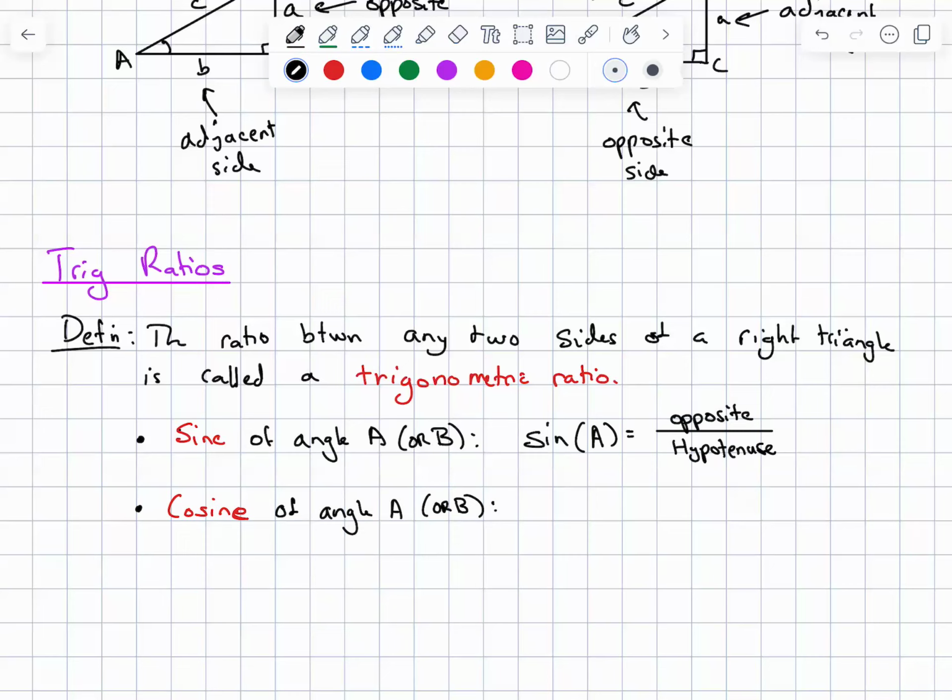And we abbreviate cosine as COS, instead of COSIN, and that's just because. Haha, hilarious. Trig has so many funny jokes. Cosine is going to be adjacent over hypotenuse.